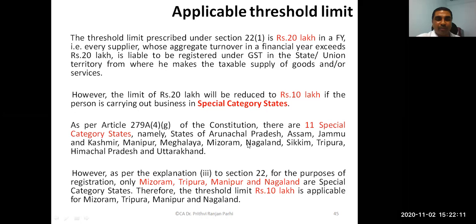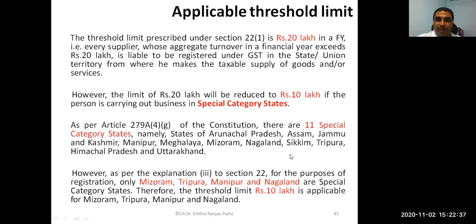And you know the meaning of special category states. As I told you, as per the constitution there are 11 states regarded as special category states. But as per explanation 3 of section 22, for the purpose of GST registration, these are the special category states: Mizoram, Tripura, Manipur, and Nagaland. These are the states regarded as special category states.